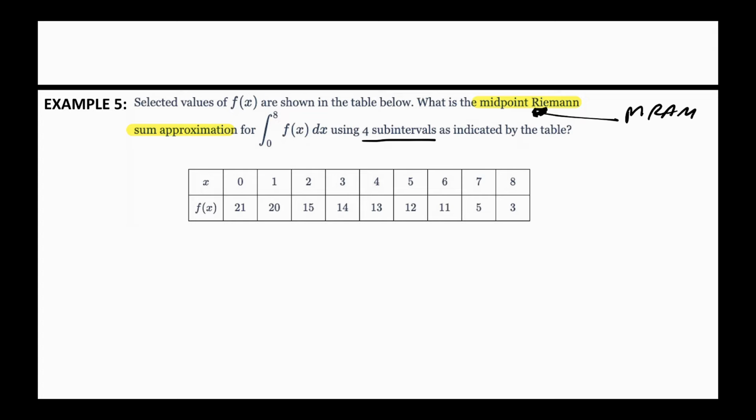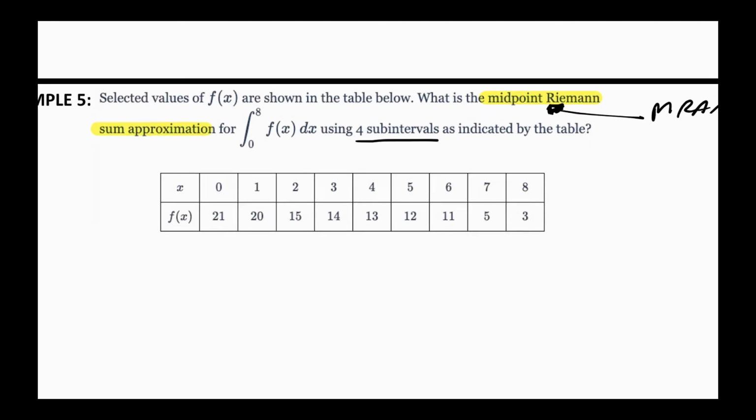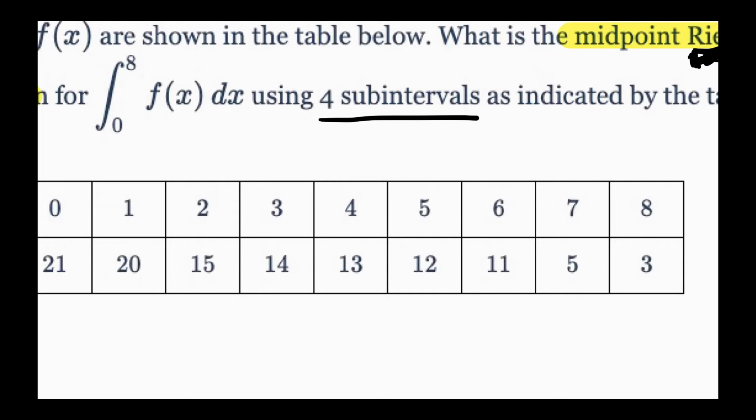Using those points, what is the width of our rectangles going to be? 2. Yeah, 2. Underneath where it says 4 subintervals, it doesn't say equal subintervals.